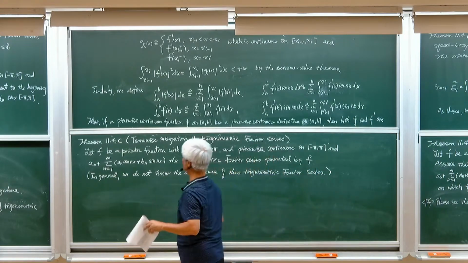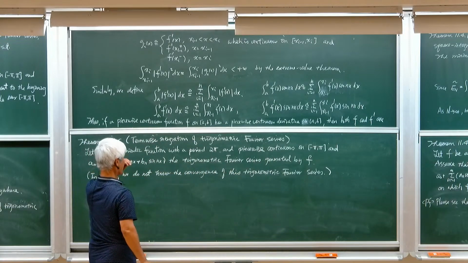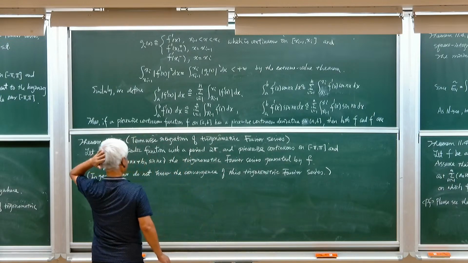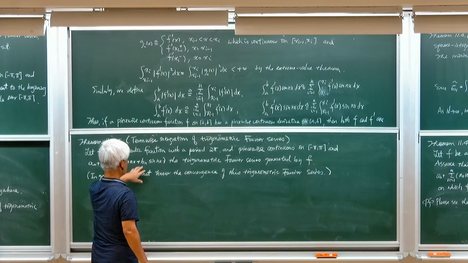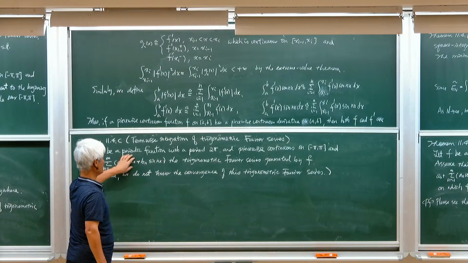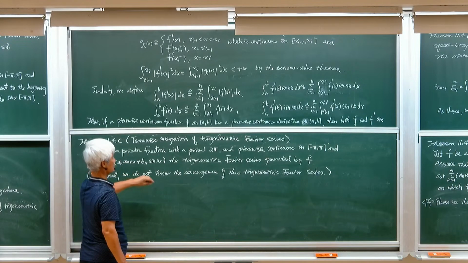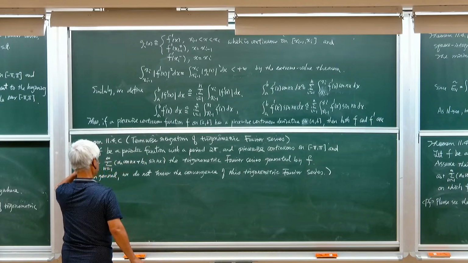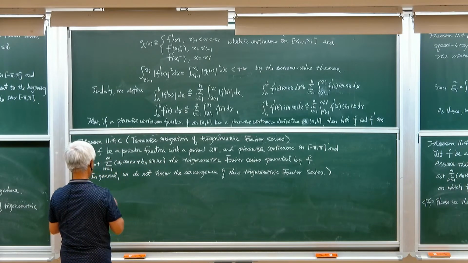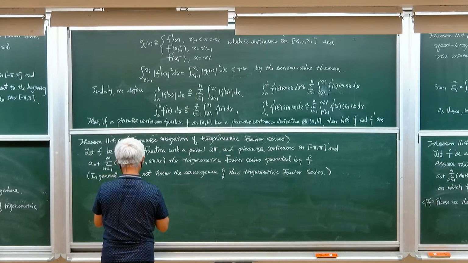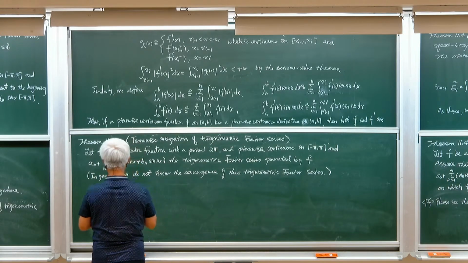In general, we just know that this piecewise continuous periodic function generates a trigonometric Fourier series, and we don't know the convergence of it. Okay, we don't know that.